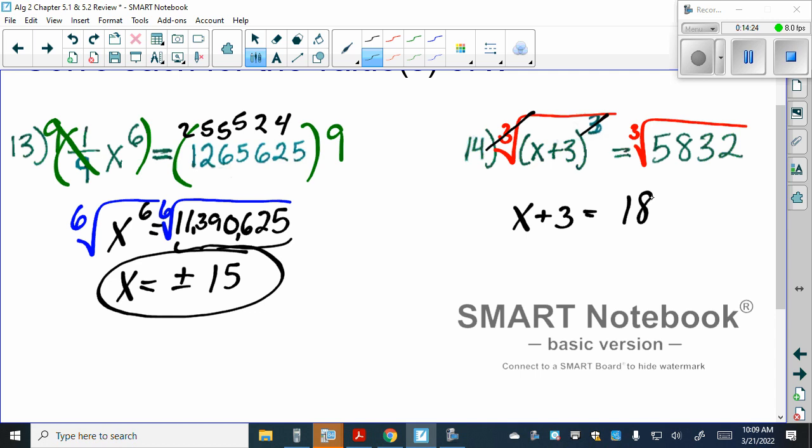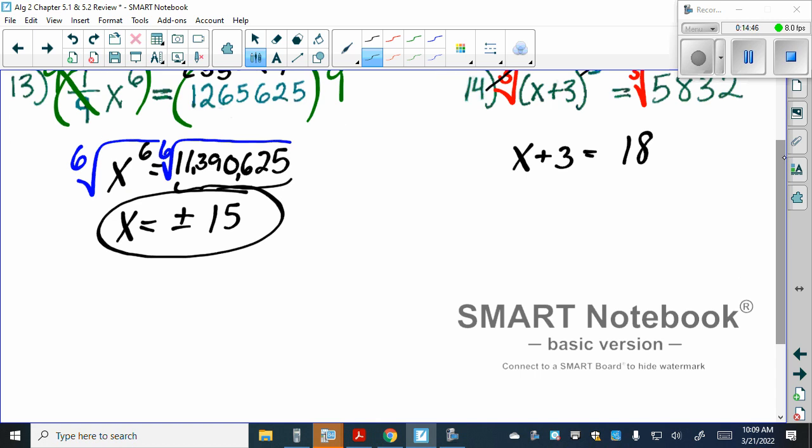Now with cubed roots, we did have 3 different cases, just like with the even roots. Whenever we have an odd root of a negative number, we have one real root. And whenever we have the odd root of 0, we have one real root. And whenever we have the odd root of a positive number, we have one real root.